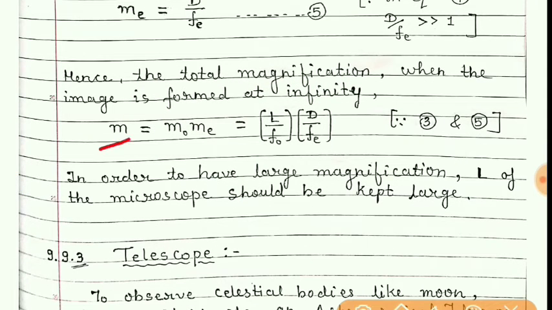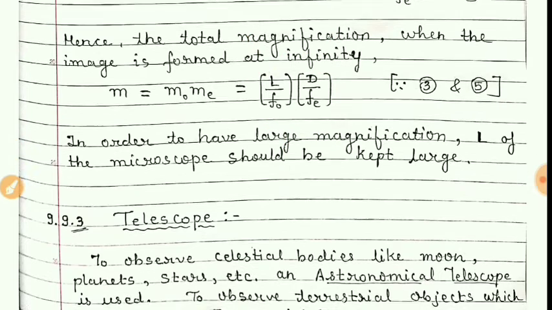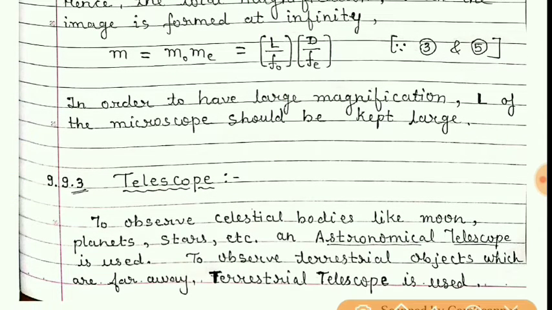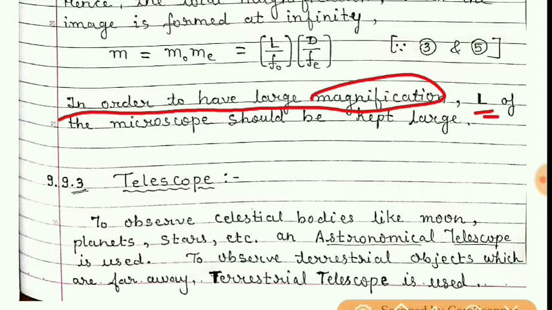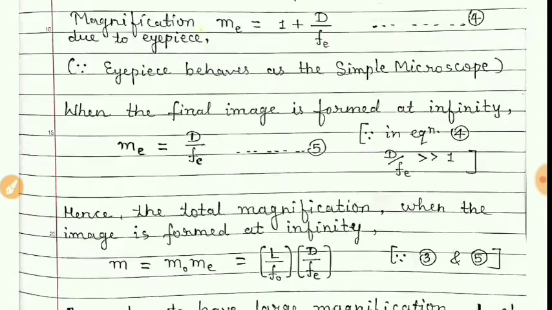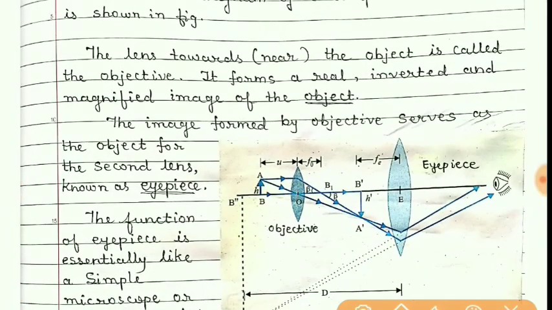So we obtained the magnification of a compound microscope in terms of tube length, near point, and the focal lengths of objective and eyepiece. Now students, in order to have a large magnification, tube length L of the microscope should be kept large. So if this distance is kept large, then we can get large magnification.